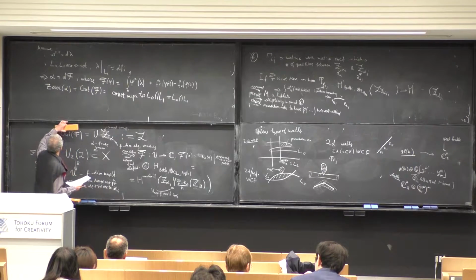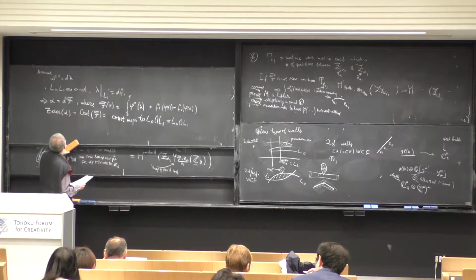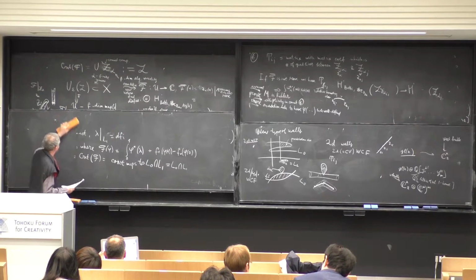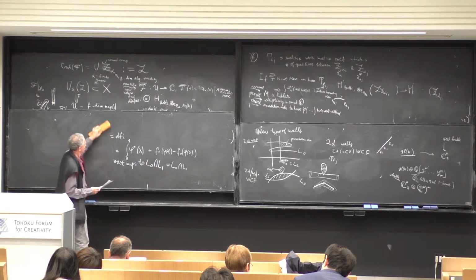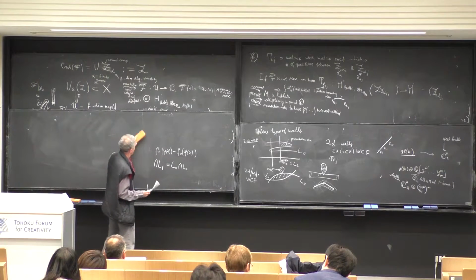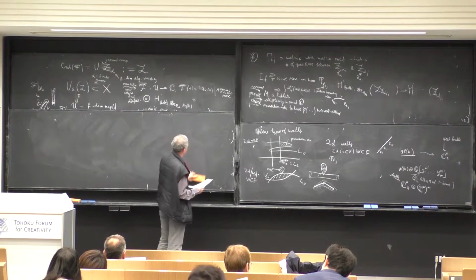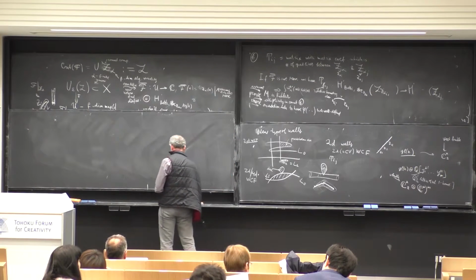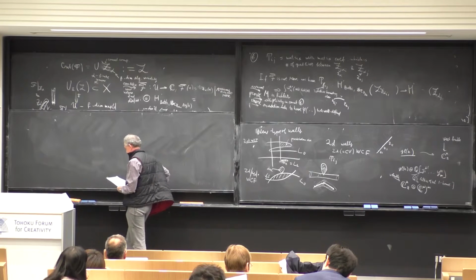So I borrow this example because it will make a connection with Riemann-Hilbert. So it sort of unites all the topics except maybe this 2D 4D wall crossing.